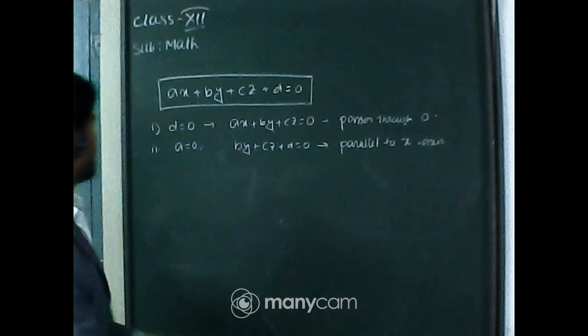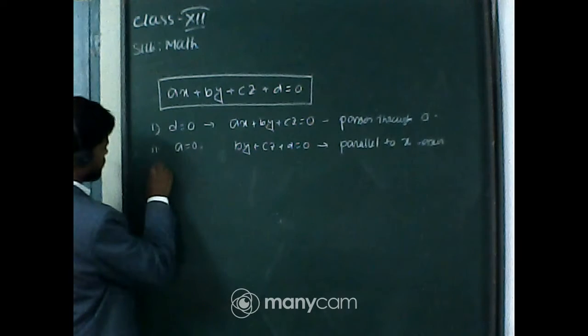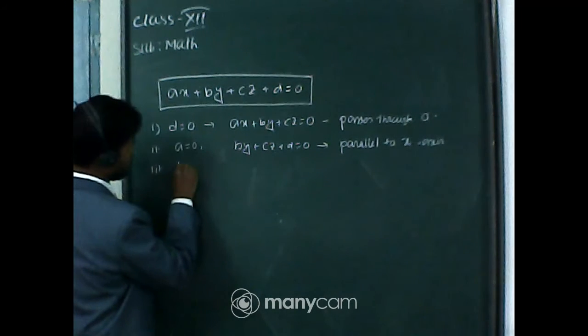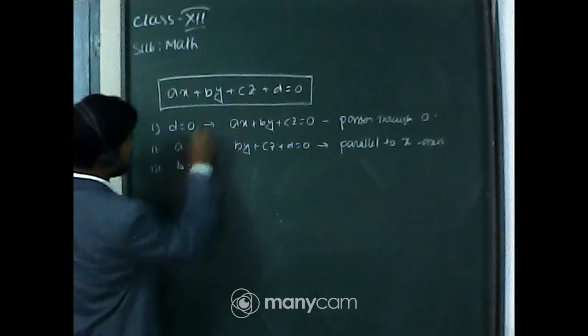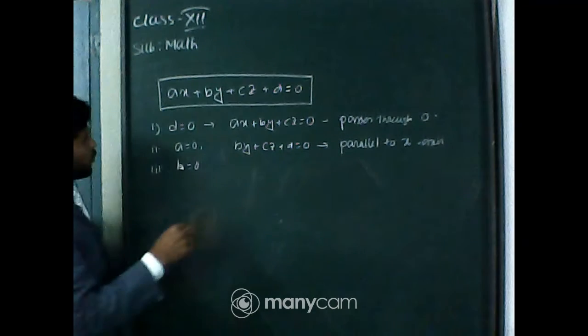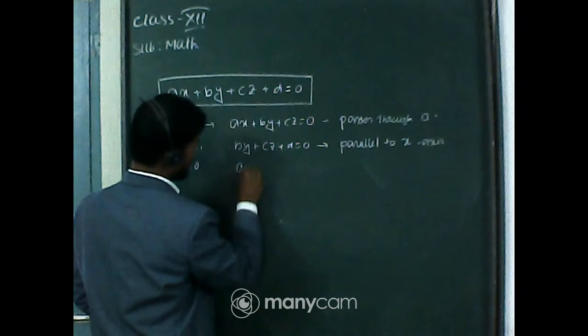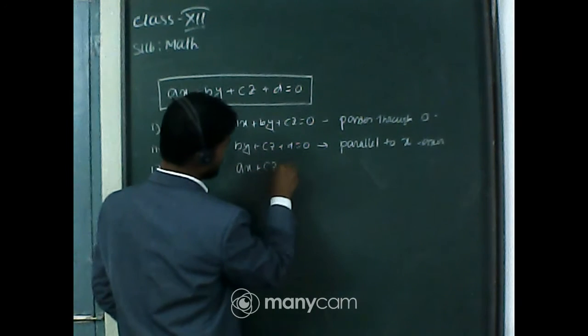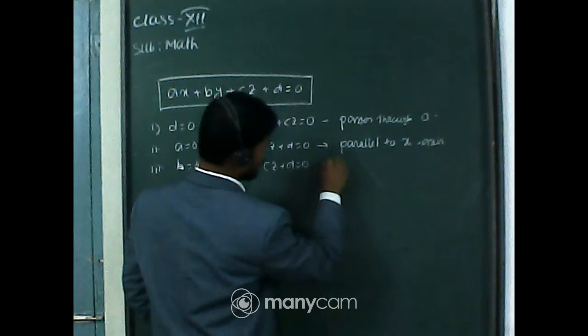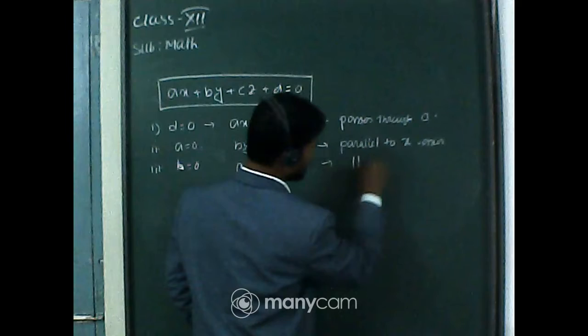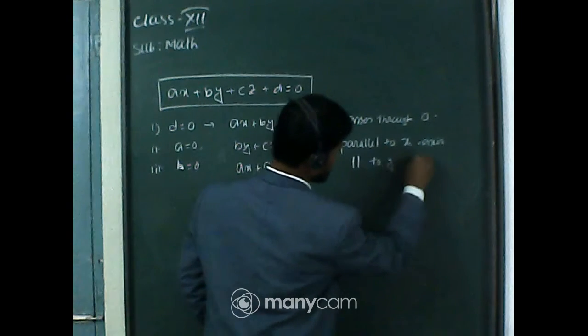Look here, if b is equal to 0, meaning the coefficient of y is 0, then the equation will be ax plus cz plus d equal to 0. So this plane will be parallel to the y-axis.